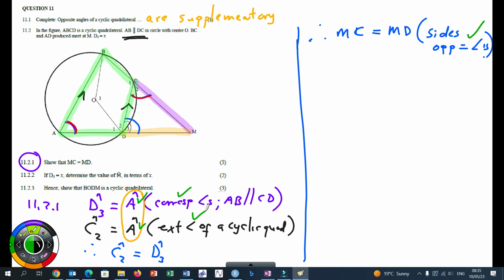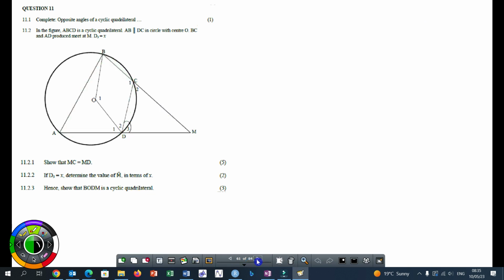Right, let's move on to the next one. Now the next one says if D3 is X, so this angle there is X. Okay, so D3 is X, determine the value of M in terms of X. Now this is very interesting.